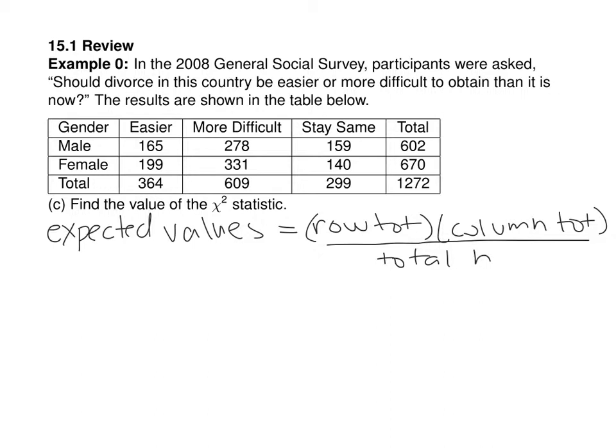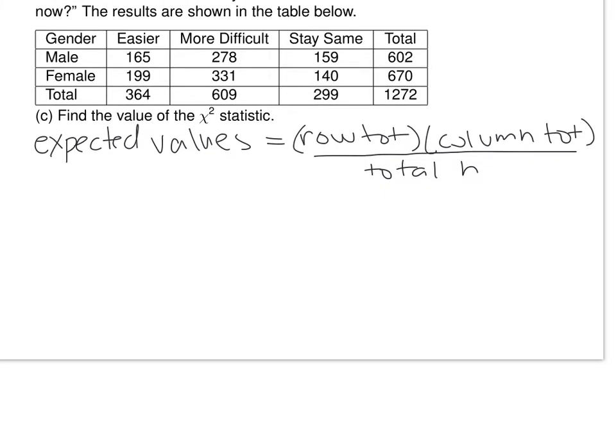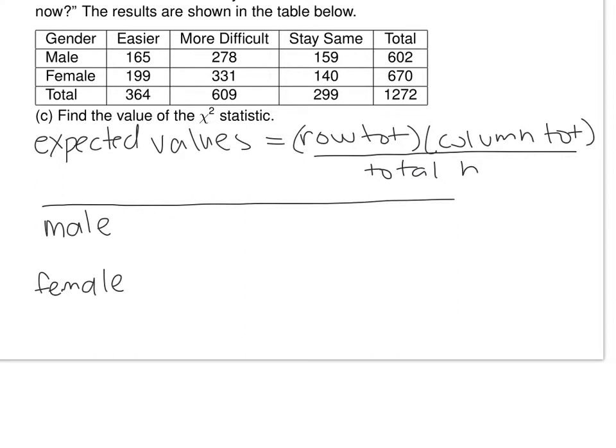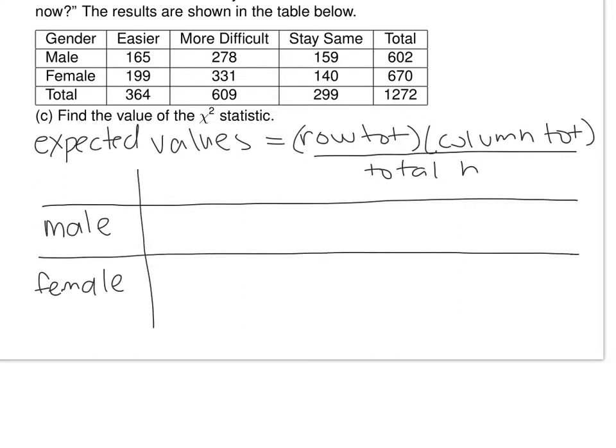You can verify this yourself, but here are what I got for expected values. So in the male category, we've got our female category. Okay, and then there's the easier.